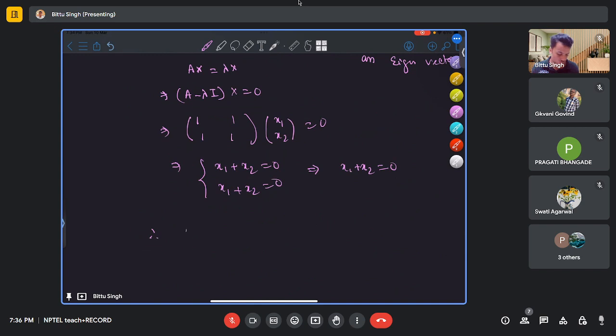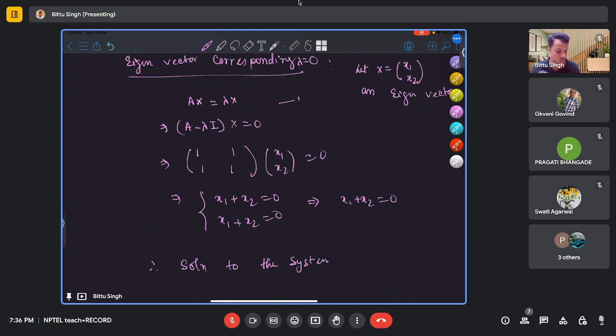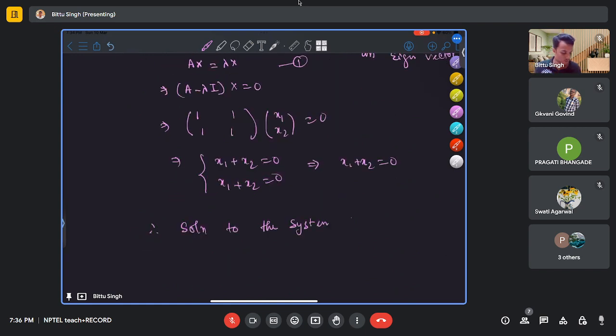Therefore, the solution to this system is given by x2 is free, right? So x2 is free, you can choose anything here, choose k, and then from this relation x1 is minus k.